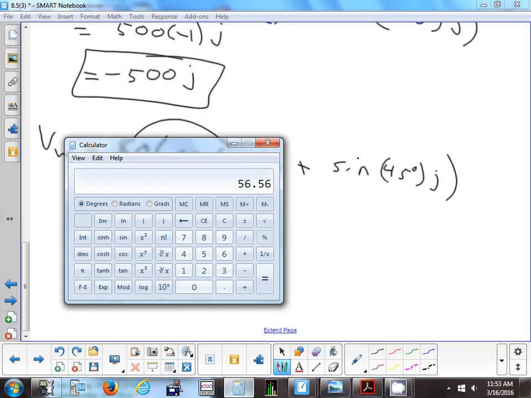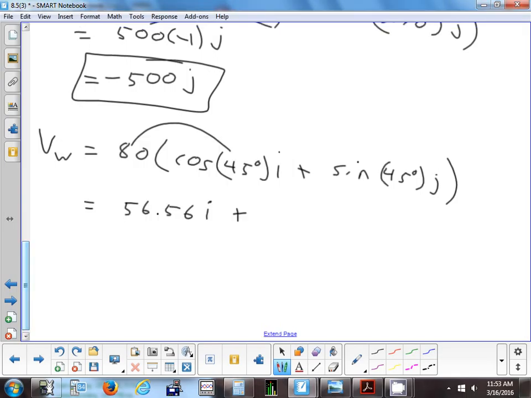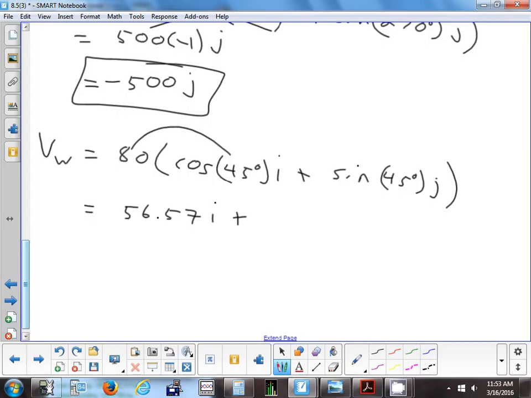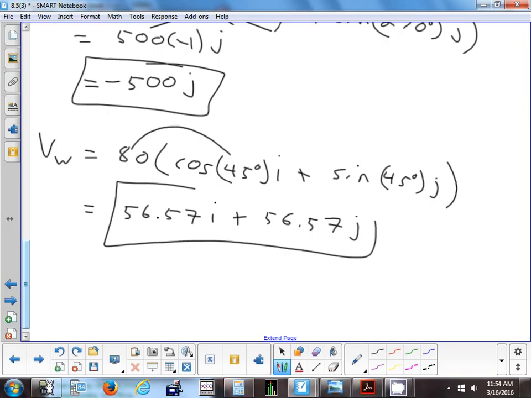The sine of 45 is also 0.707. If you multiply by 80, you get 56.57, rounding up. But in this case, 56.56 would have been okay. And that's your velocity vector for the wind.